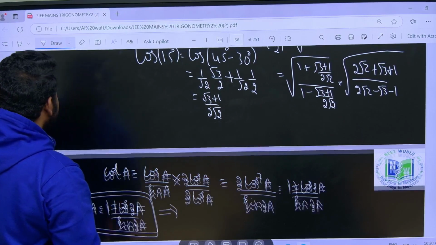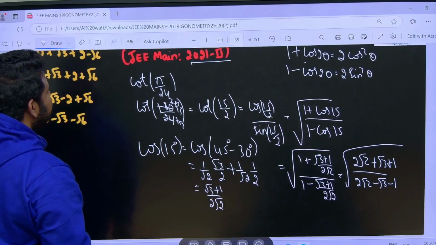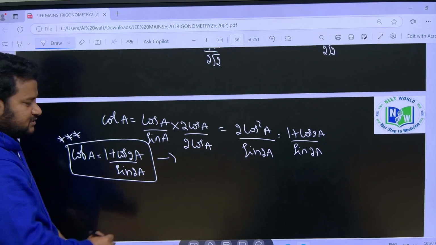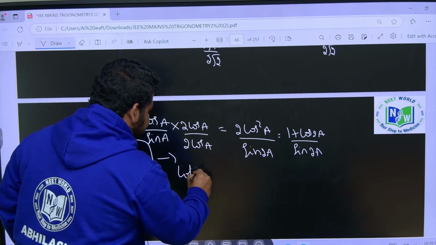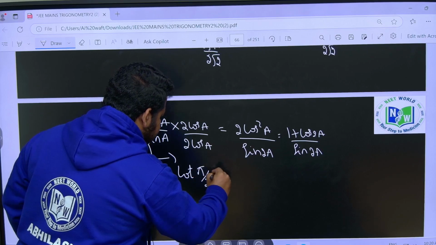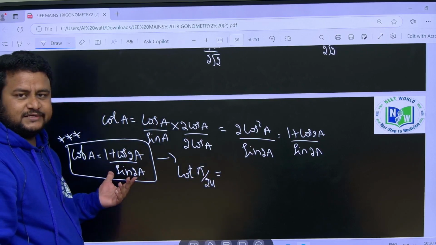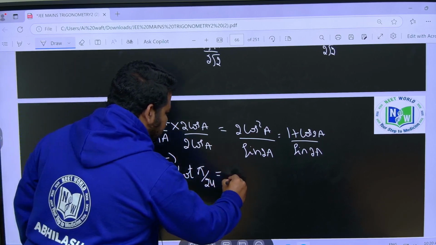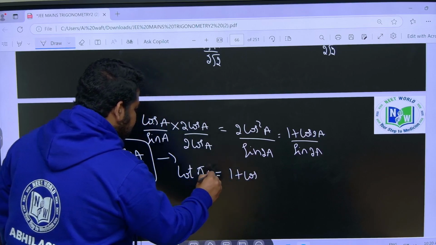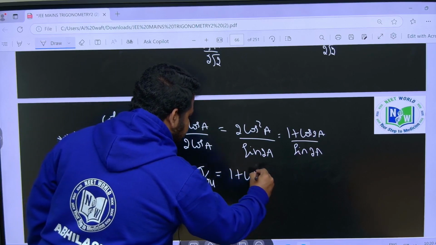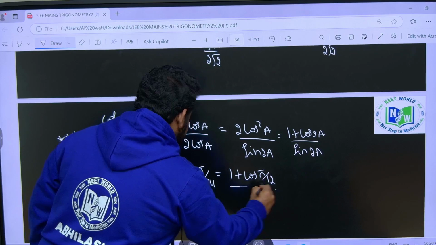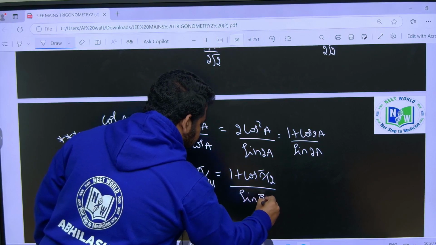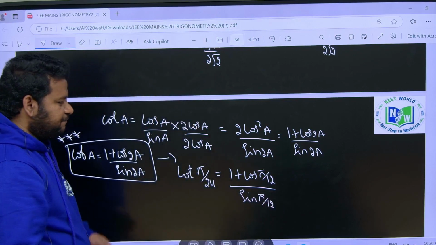Using this, let us solve the question. What they were given is cot pi by 24. So cot pi by 24 can be written as 1 plus cos of 2 into pi by 24, that is pi by 12, divided by sin of pi by 12.